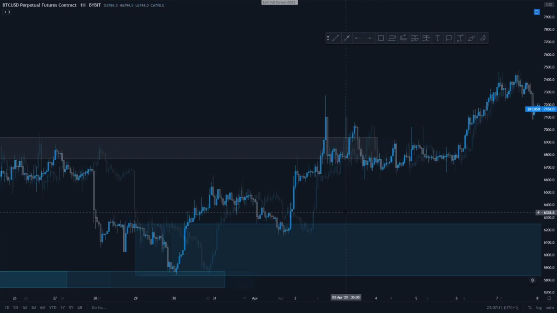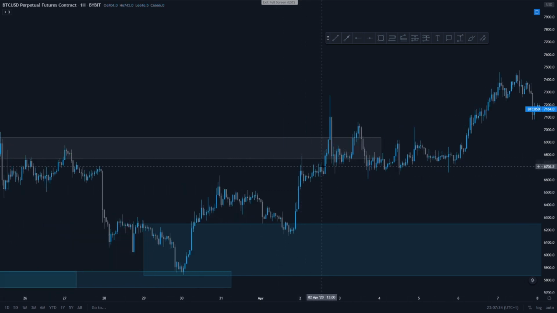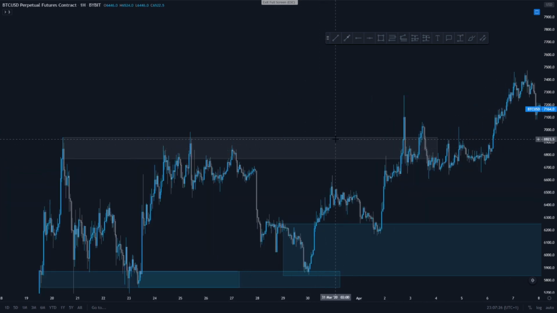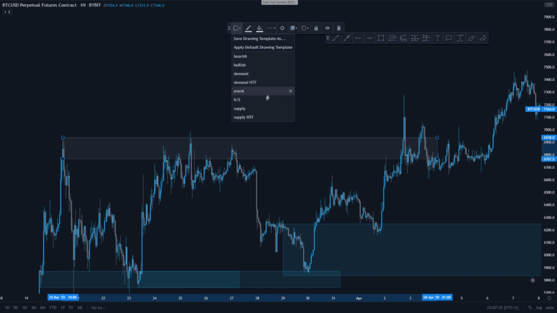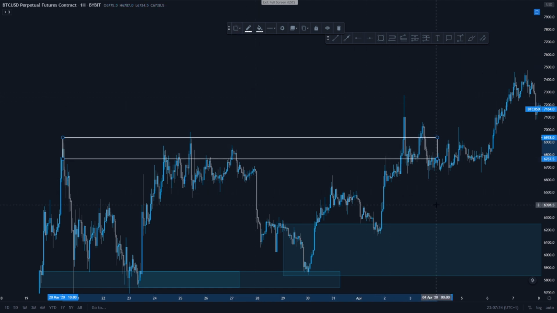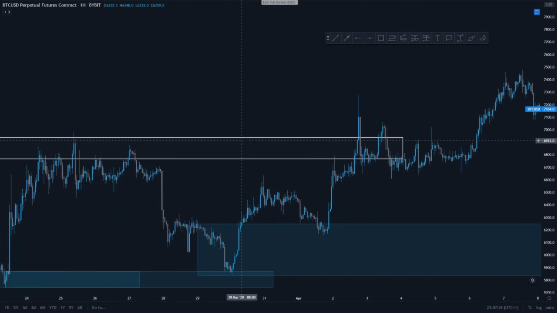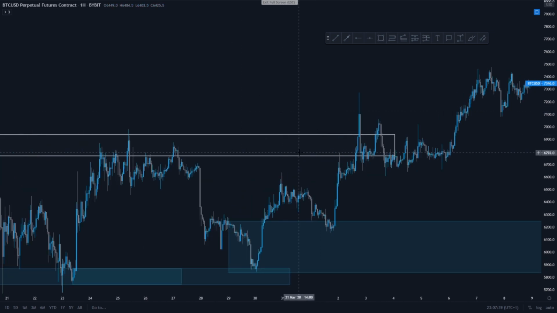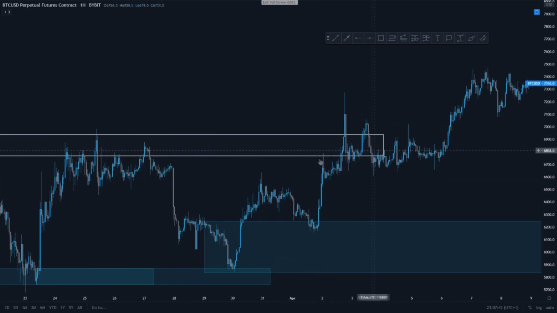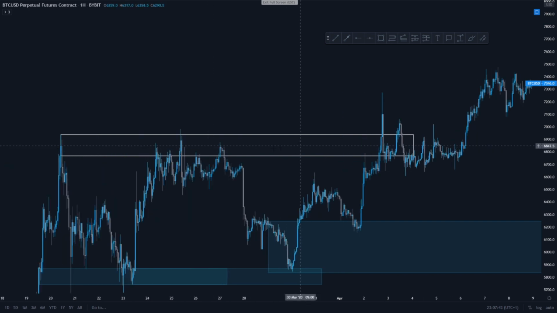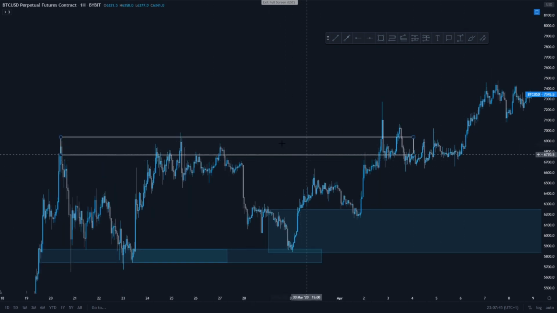When something like this happens, guys, this supply zone has been broken here, right? So what happens then is that this zone has no more value. This was a supply zone, but it is no more. The price already broke it, so we can no longer use this as supply.